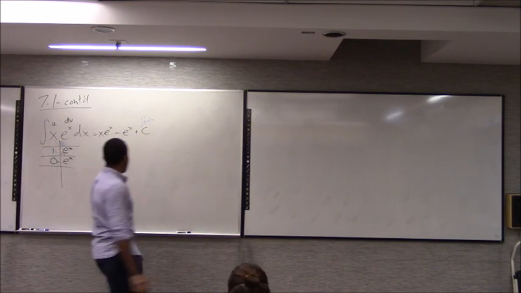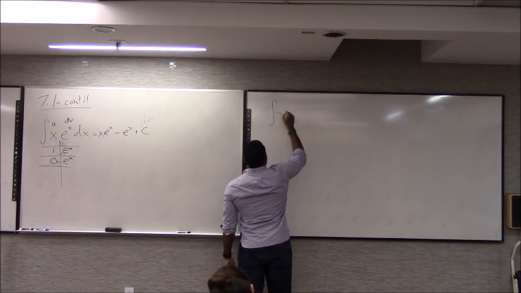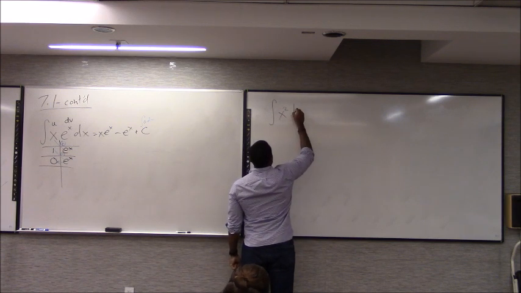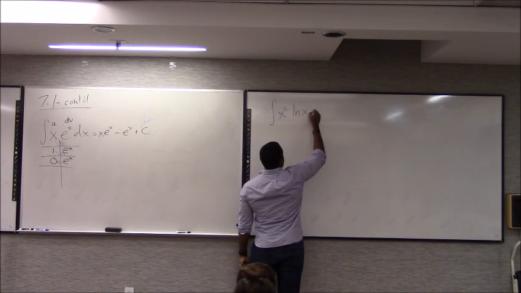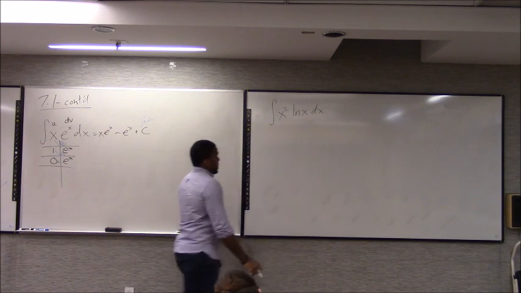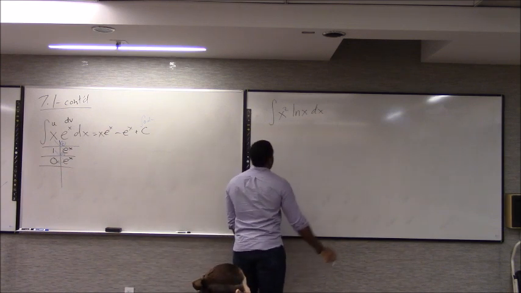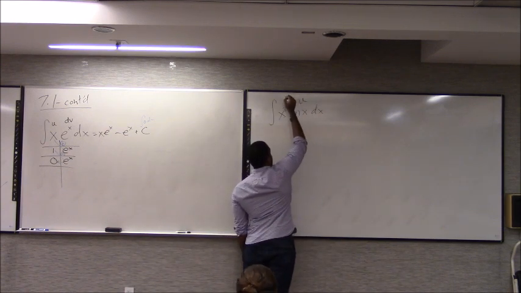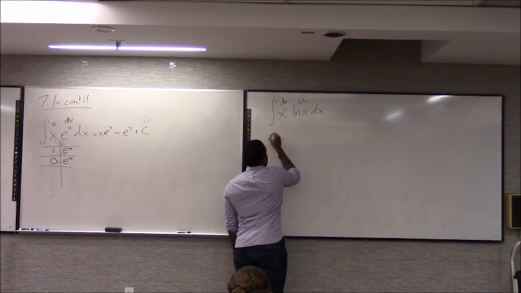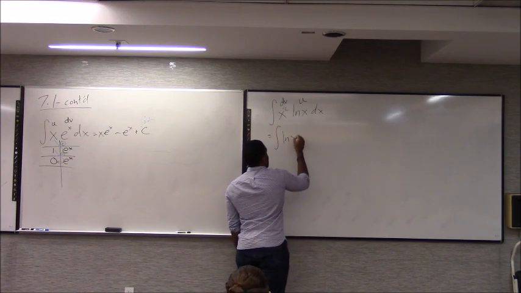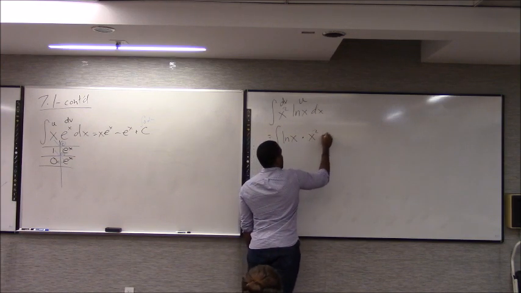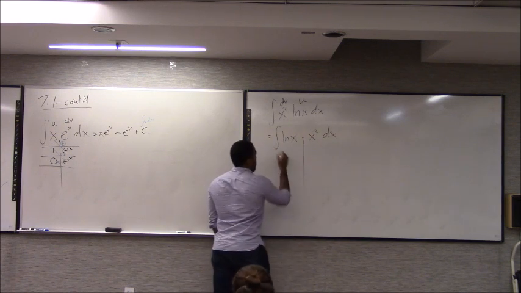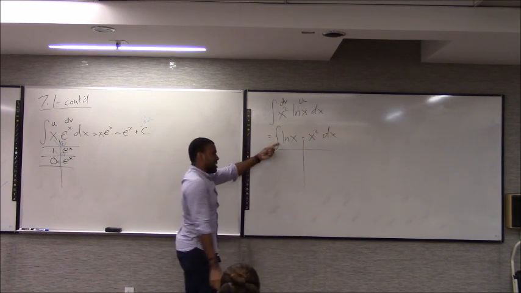We did another example, I believe, where it didn't go to 0. x cubed ln x dx. In this situation, according to LIATE, this should be your u, and that should be your dv. So probably what I would do here is actually write it the other way. But now you notice that once you start differentiating, this guy's never going to go to 0.